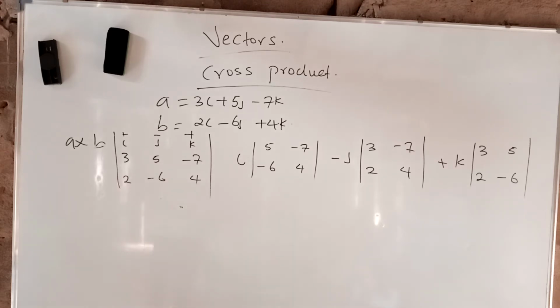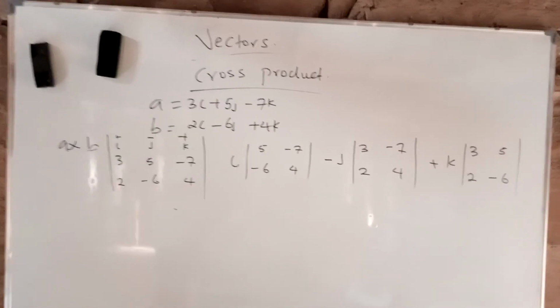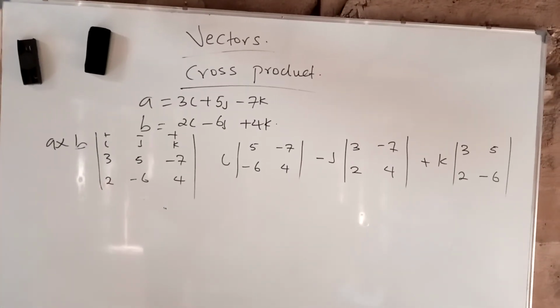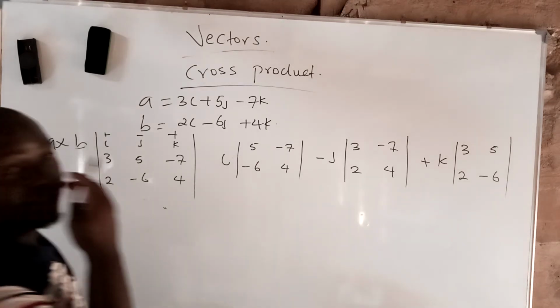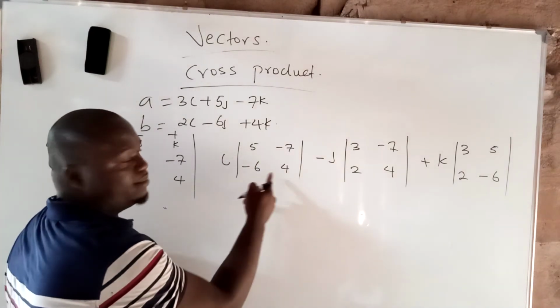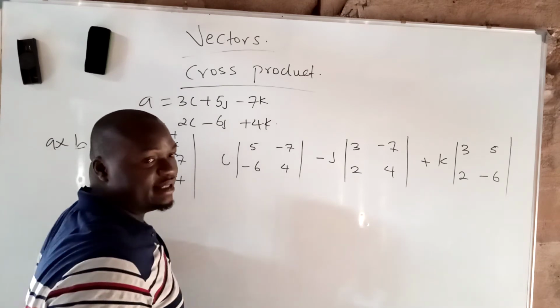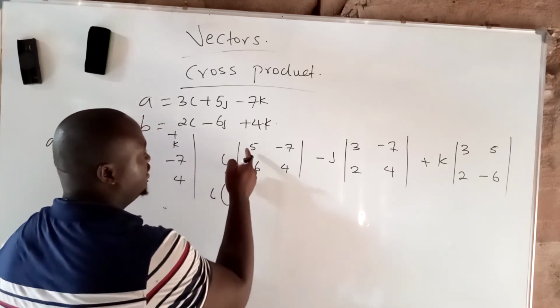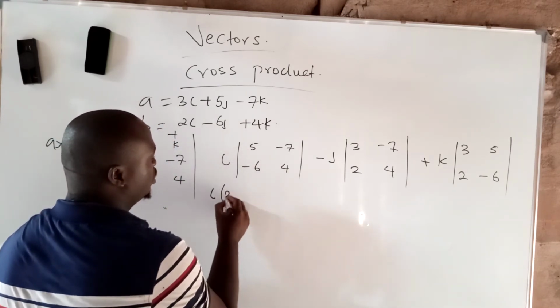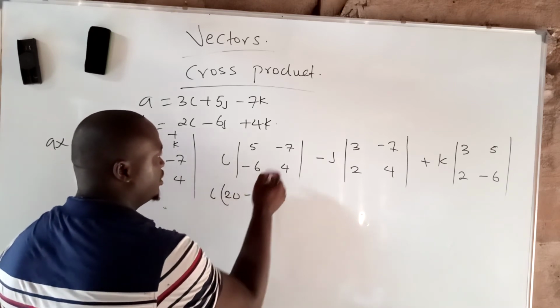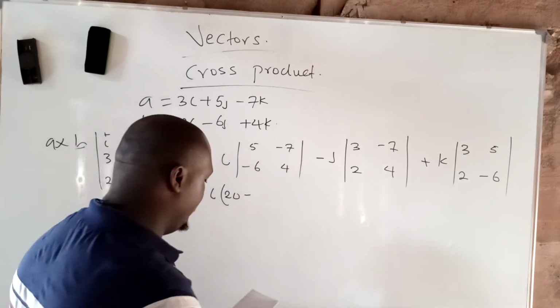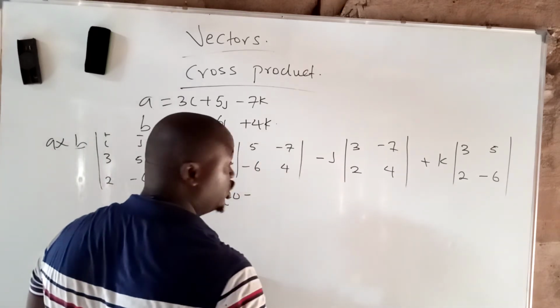By here, you can now see that everything is coming out the way we want it. We will now start. Remember in matrix, this times this minus this times this. So this is i: 5 times 4 is 20. There is minus; 7 times 6 will give you 42.